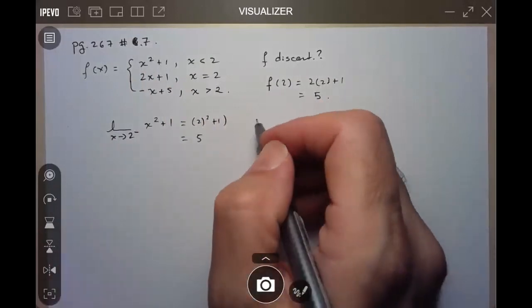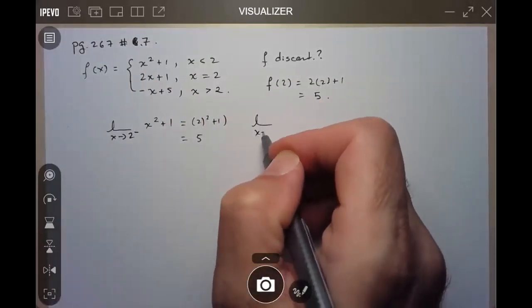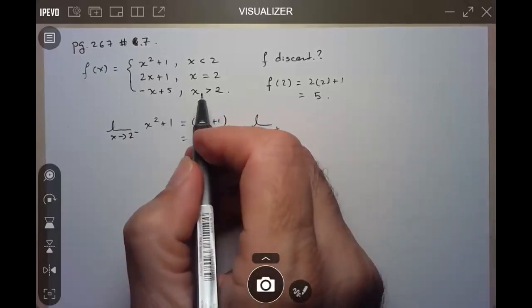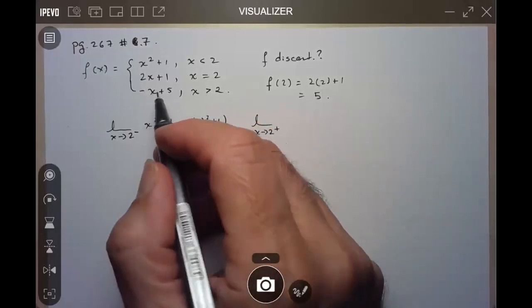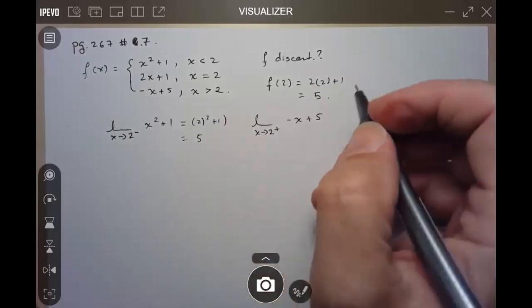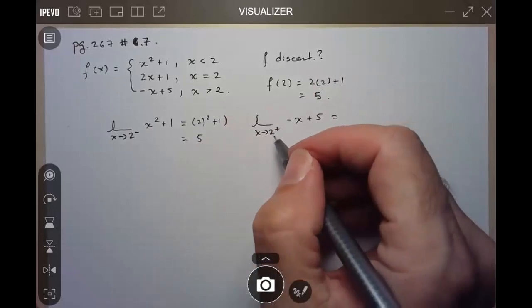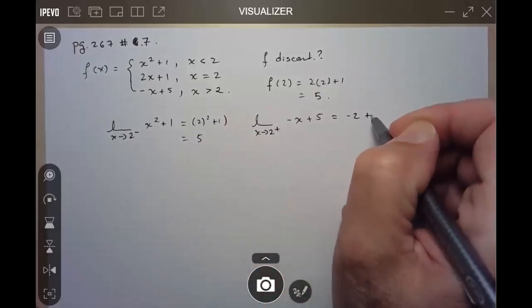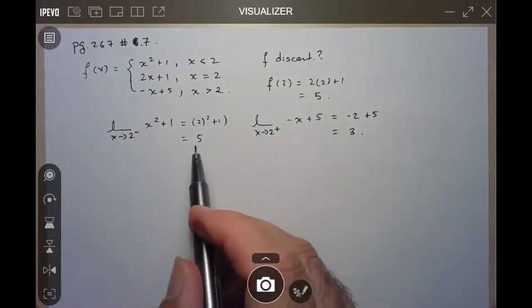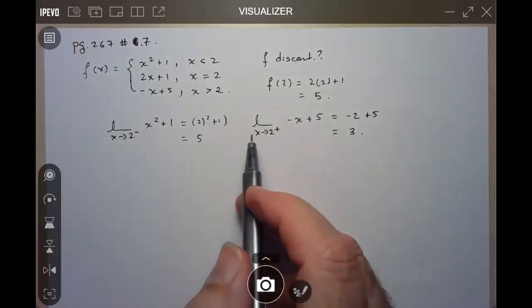Let's now check the right-handed limit. So the limit as x approaches 2 from the right of f at x. Now I'm interested in the values just above 2, so here that's going to be negative x plus 5. And when I calculate that, what do I get? I get negative 2 plus 5, which is 3. And we see that the limit does not exist.